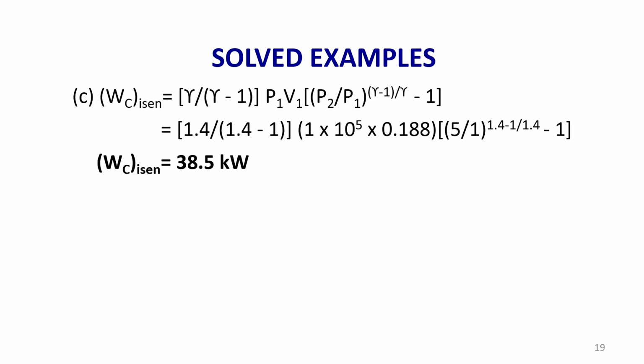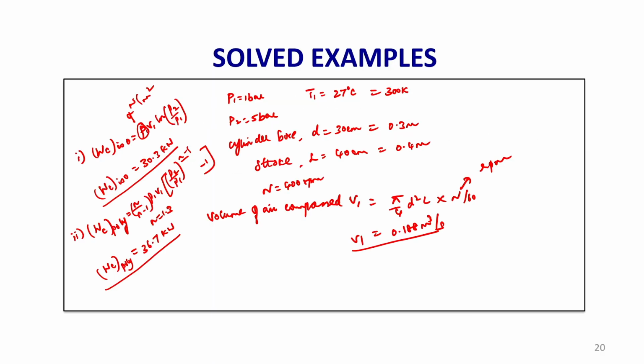Next, isentropic. For isentropic, replace n by gamma, and instead of 1.3 we have to substitute 1.4. That is the only change.